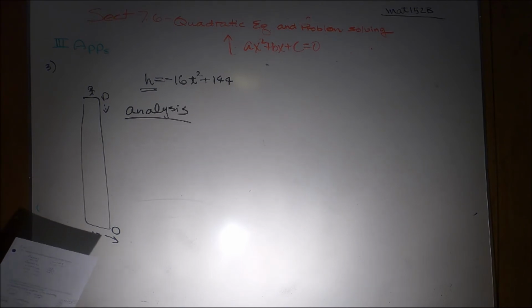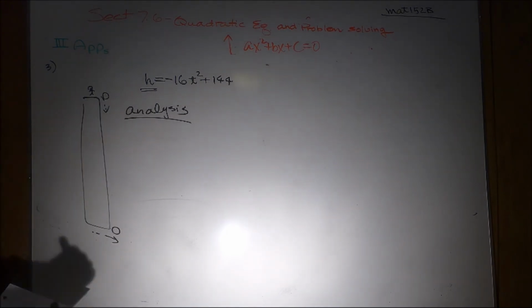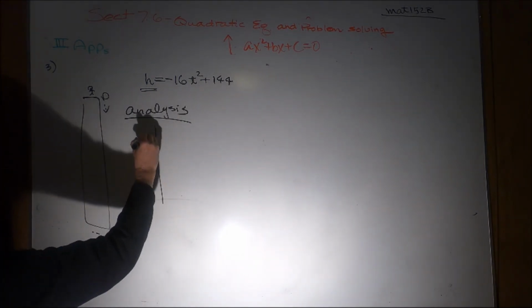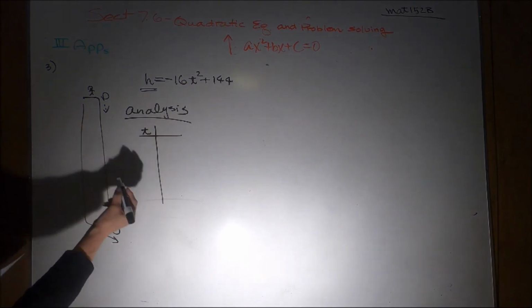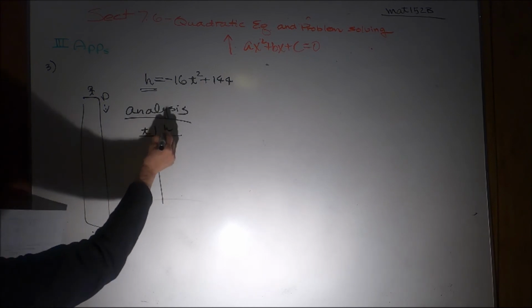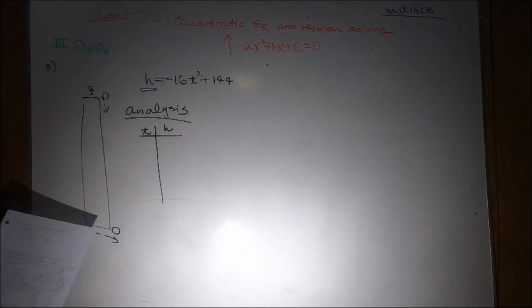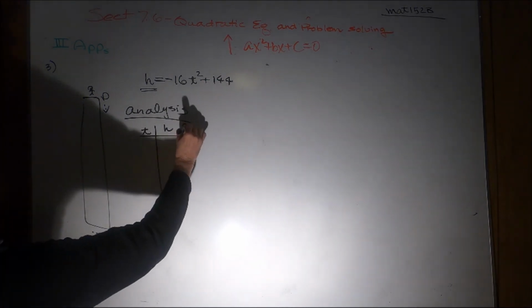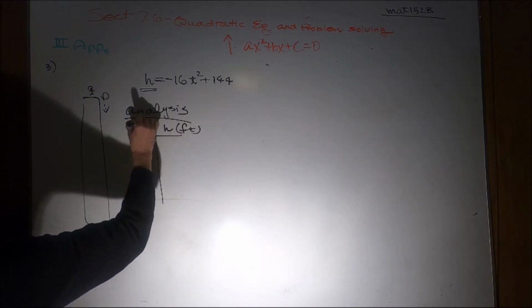It says the height is above the ground by h after t seconds. So at least you know t is in minutes or seconds, right? This is your height in feet, right? So this is seconds.